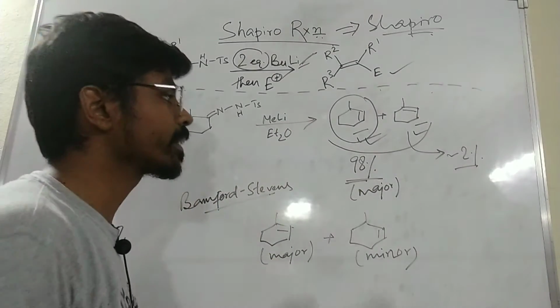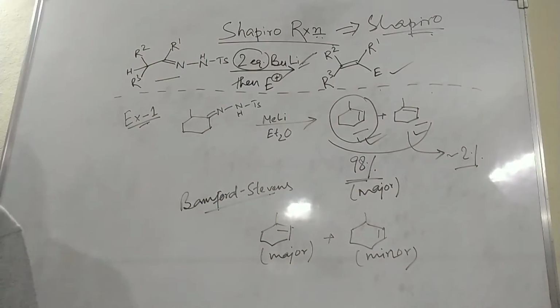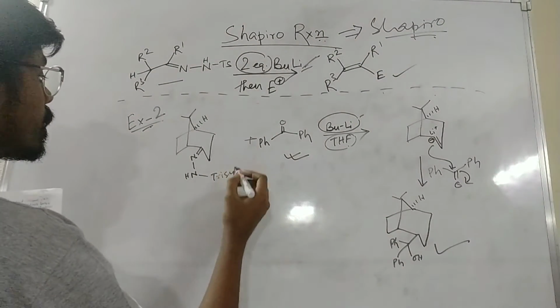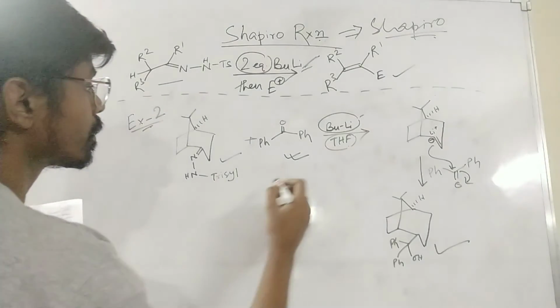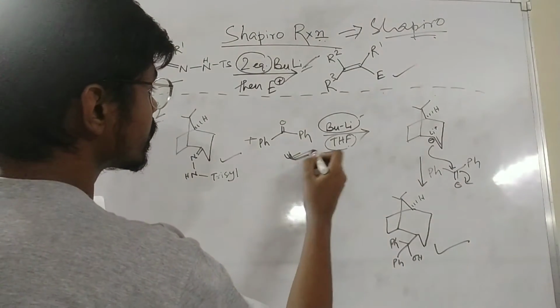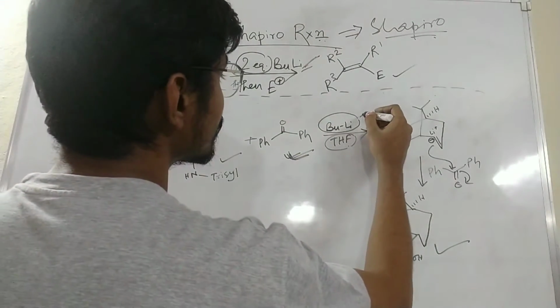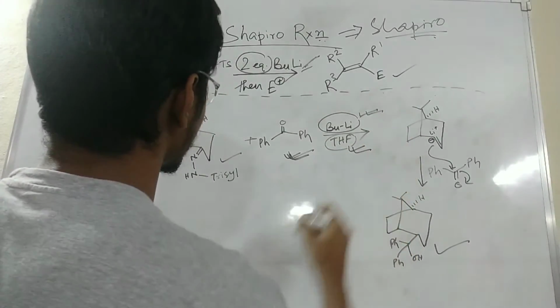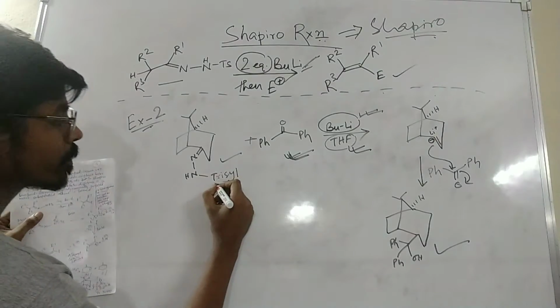I am coming to another example. Second example, here we can see this is the substrate, this one is the other reagent. Here using butyl lithium as base and THF as proton donor. Here you can see the protecting group is trisyl.